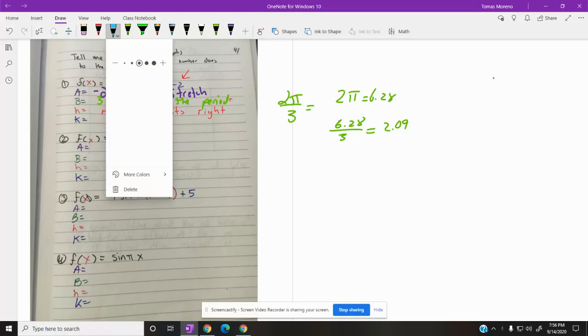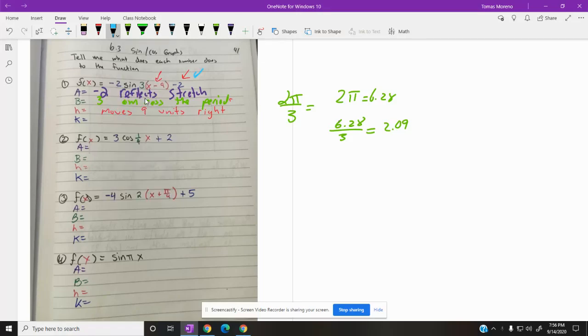And this -2 means that we're going to move it 2 units down. So essentially, guys, these are the two numbers I like to start off with because I know that those either move right or left, up and down. So like right here, I see a +2. So that means I'm going to move up 2 units.